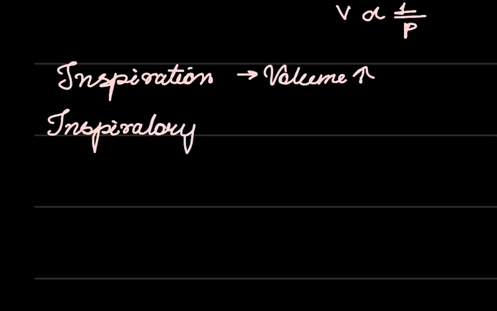We have two types of inspiratory muscle. One is considered to be the primary inspiratory muscle, the other is considered to be the secondary inspiratory muscle. Primary inspiratory muscles come into action even in passive inspiration. However, secondary inspiratory muscles come only in forced inspiration.